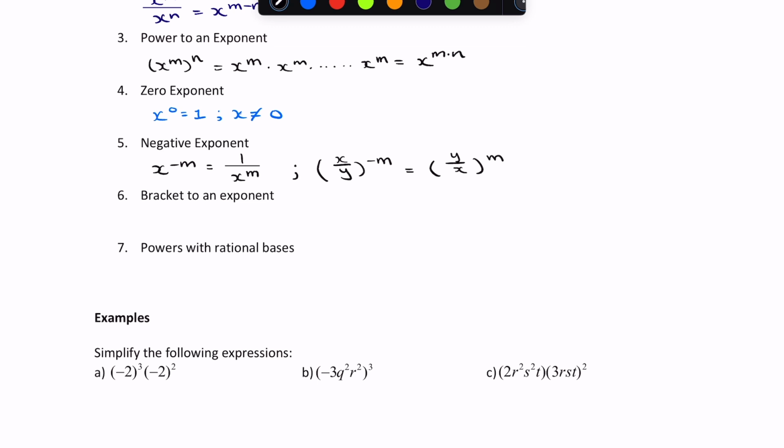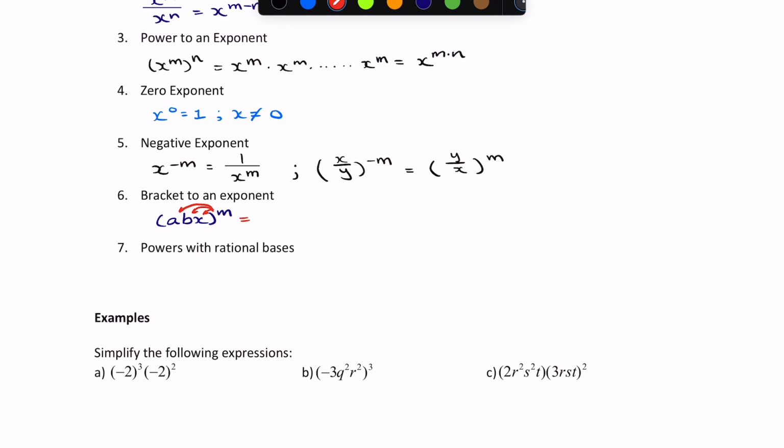Here, if we look at a bracket with an exponent, say we have abx to the power of m. It's important to recognize here that the exponent m needs to apply to all 3 terms that are inside the bracket. So it doesn't just apply to a or b or x, it applies to all 3.